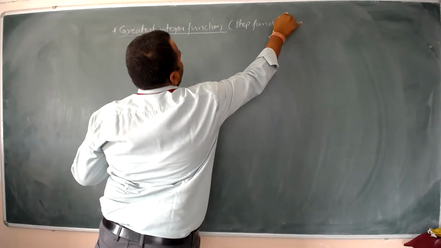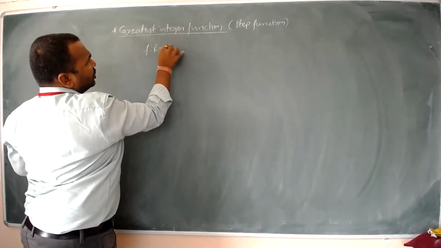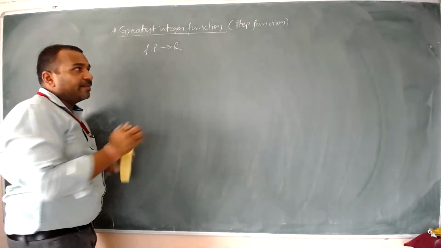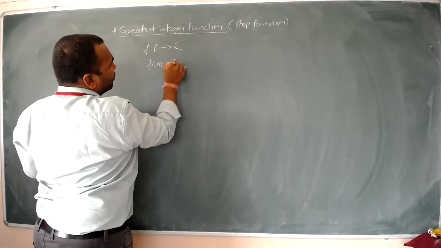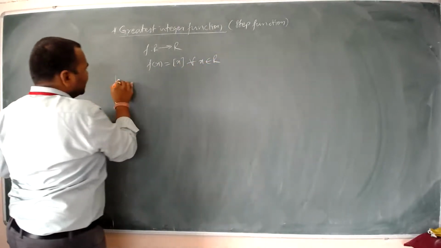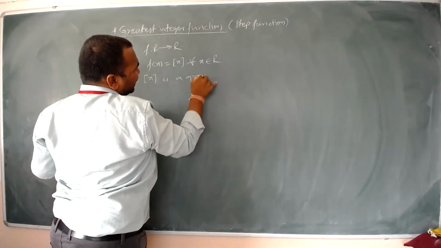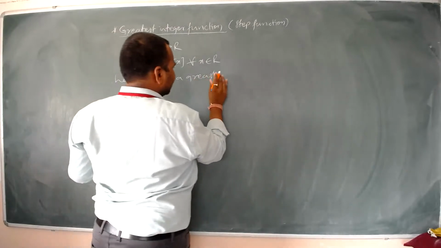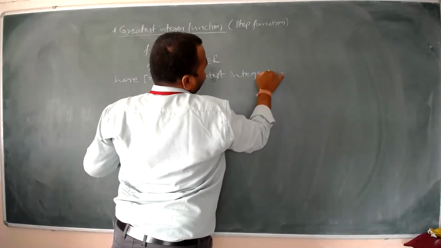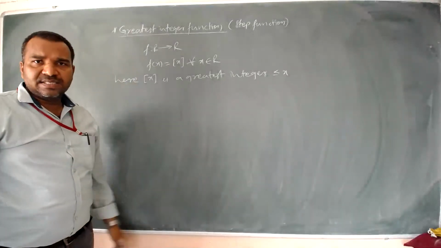A function f: R to R defined by f of x equals box x for all x belongs to R. Here, box x is the greatest integer which is less than or equal to x. This is the definition of the greatest integer function.